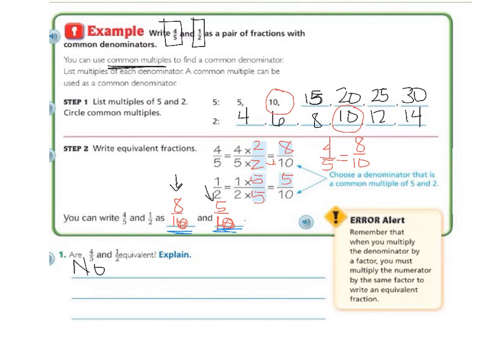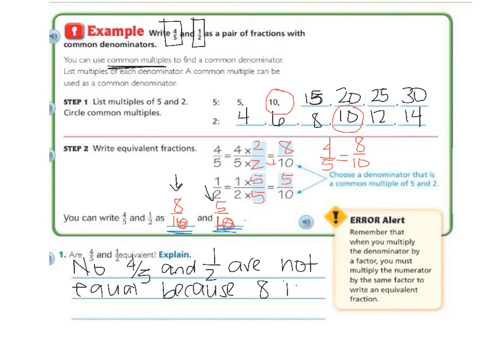So no, 4/5 and 1/2 are not equal because 8 is more than 5. When we made them have the same pieces and we looked at it in the same way, we can tell which one is bigger and which one is smaller.